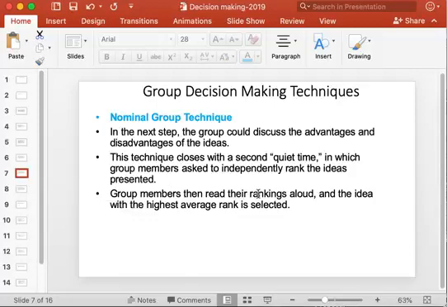That means after each member reads out their rankings, the average rank is calculated for each of the solutions, and then the one with the highest average rank is selected.